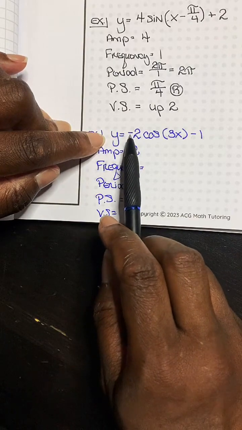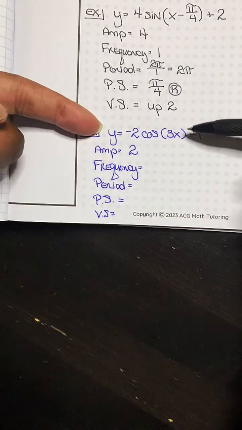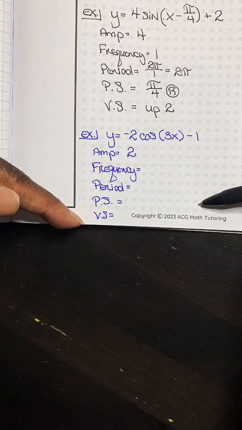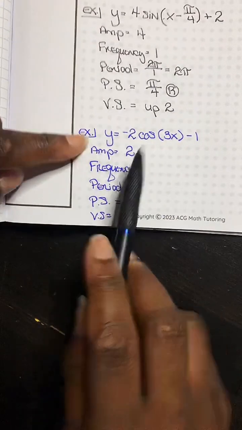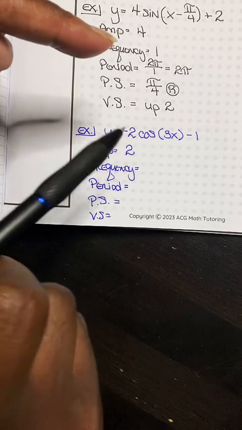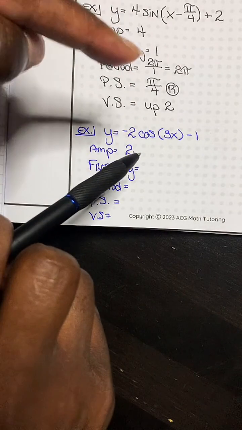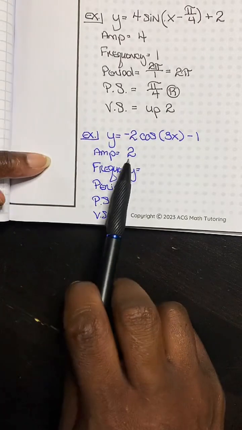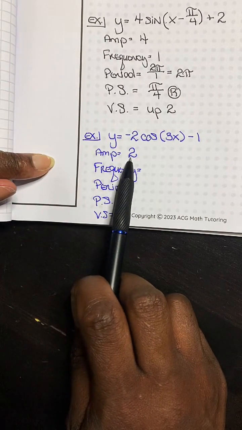That's what that negative is telling me, that my graph is going to be flipped over the x-axis. But the amplitude, the height from the midline to the maximum point and the midline to the minimum point, is going to be a length of 2.